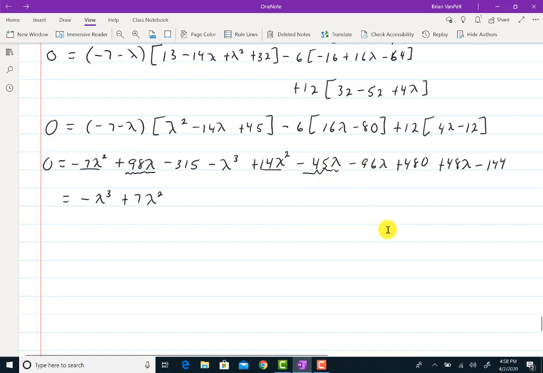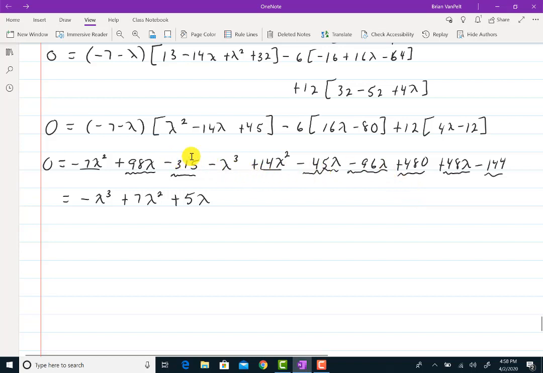Now minus 96 will be negative, 53 minus 96 is 43. So I'm at negative 43 lambda plus 48 lambda. Looks like 5 lambda. And then for the number part, the constant, I'm going to get negative 315 plus 480 minus 144.